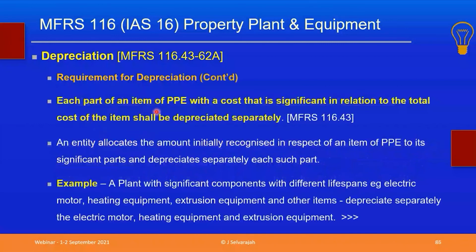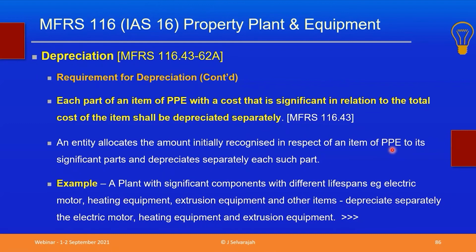Each item of PPE with a cost that is significant in relation to the total cost of the item shall be depreciated separately. This is a component. All right, they don't use the word component, but they say those that are significant in relation to the total must be depreciated separately. The entity allocates the amount initially recognized for an item of PPE to its significant parts. Whole PPE is 1 million.